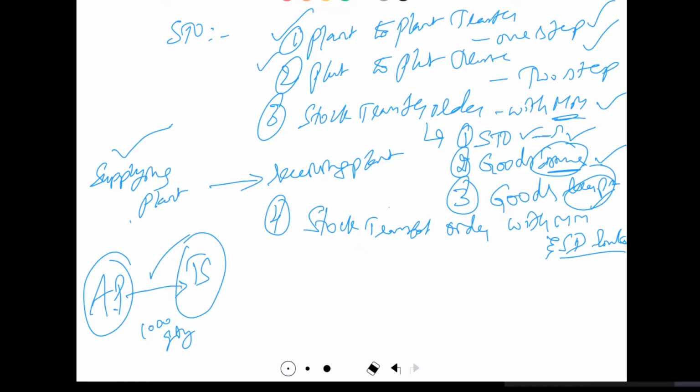So you will create a shipping document. In the shipping document, you mention the packing we are doing and the transport we are using, like a lorry from Andhra Pradesh to Telangana. The lorry is the vehicle, and the transporter is some XYZ logistics.